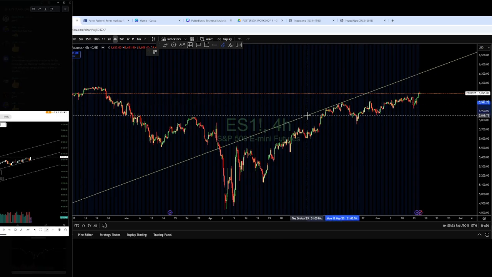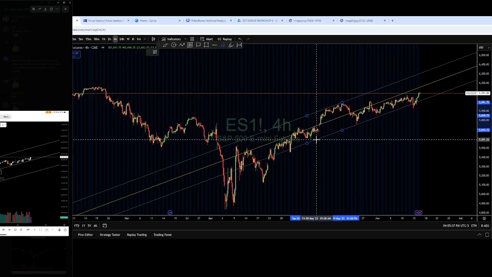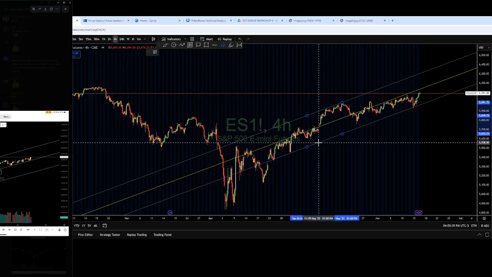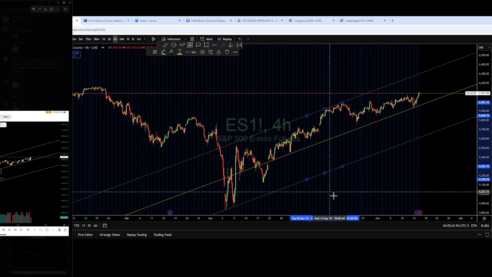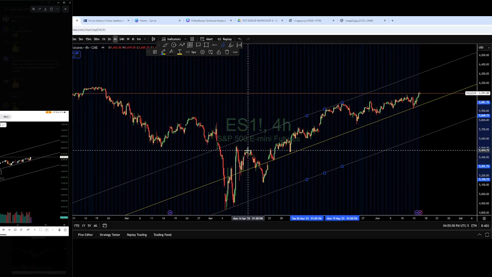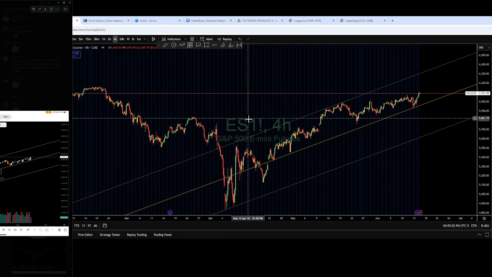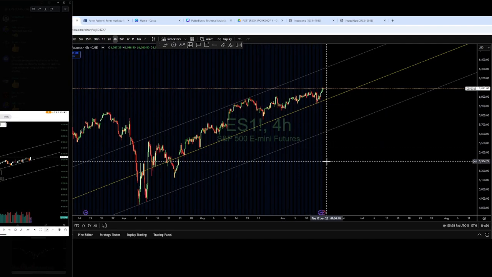So anything like this could be useful, beautiful, very good, great. That is your whole trend. So this is actually why I try not to exclude the wicks. On the box, maybe. In this case, not so much.